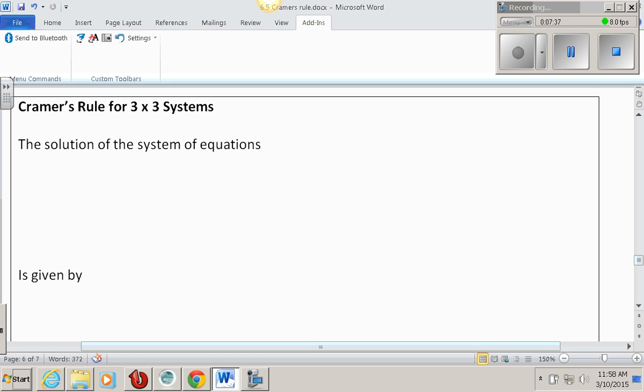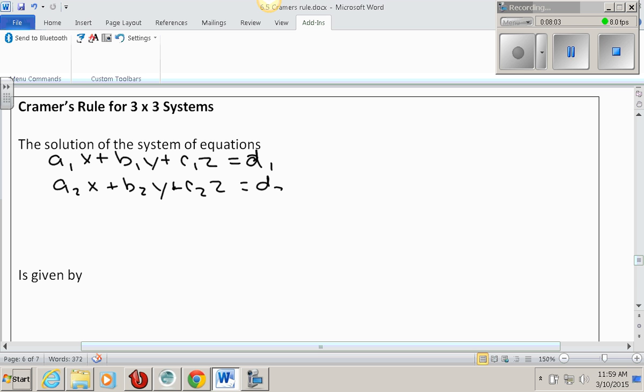Oh, we got to talk about Cramer's rule for 3 by 3. It's a little different. You do have 3 equations, right? a1x plus b1y plus c1z, 3 variables, equals d1. a2x plus b2y plus c2z equals d2.